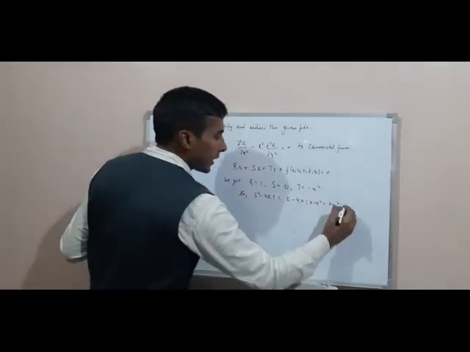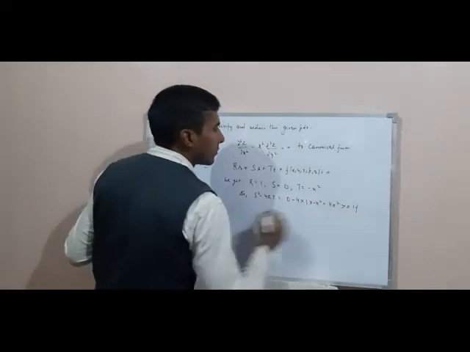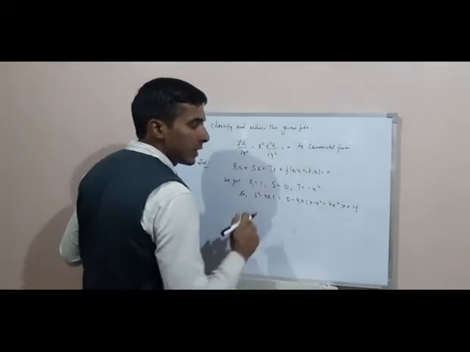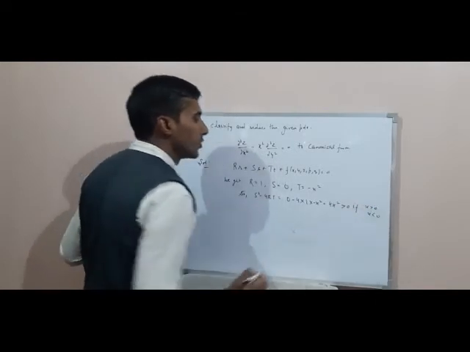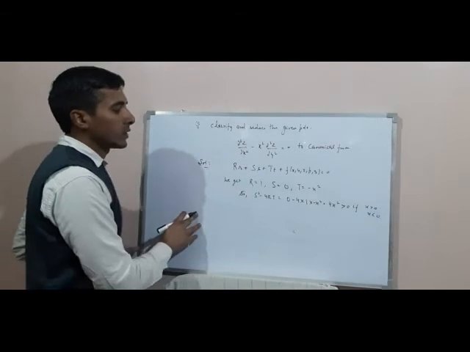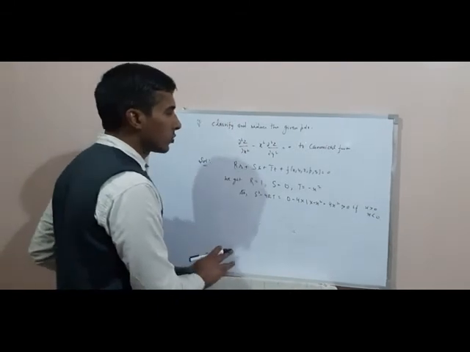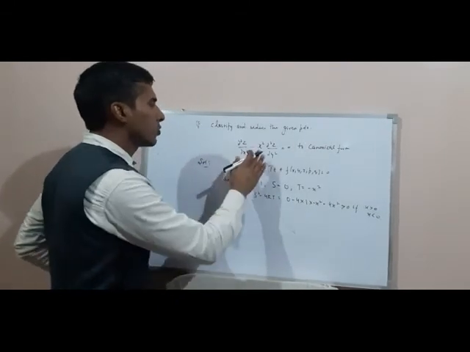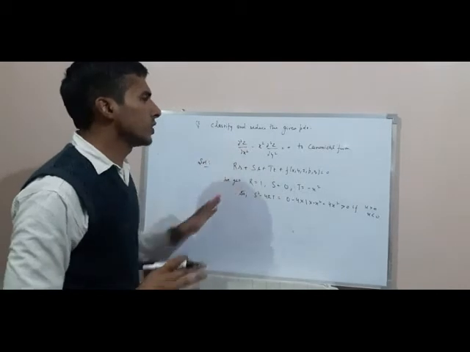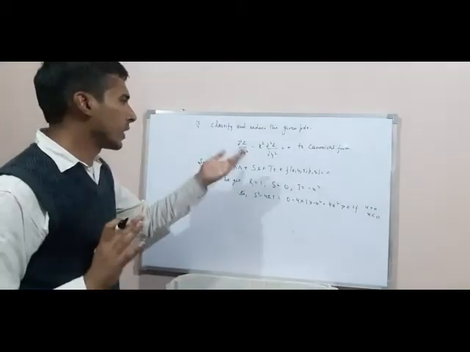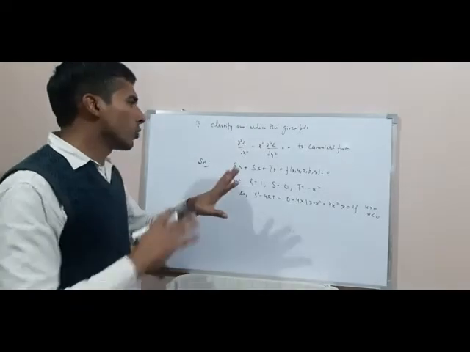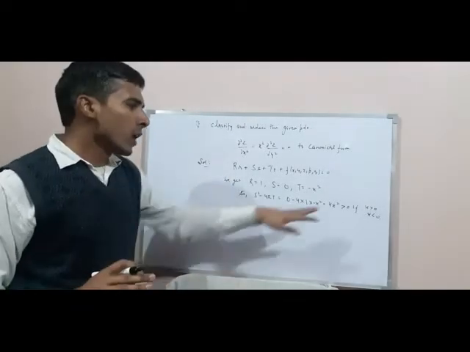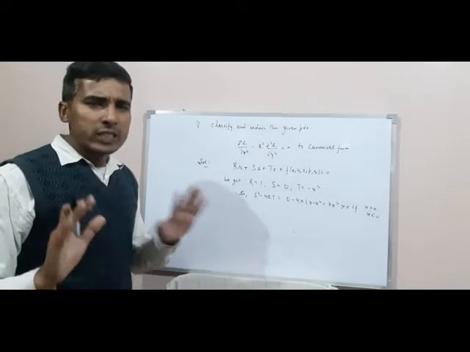And this is greater than 0 when x is greater than 0 or x is less than 0. We will not consider the case when x is equal to 0, because if x is equal to 0, then the solution of this equation is very simple. We can solve this equation very easily. There is no need to reduce this equation into canonical form if x equals 0, so we reject this case.